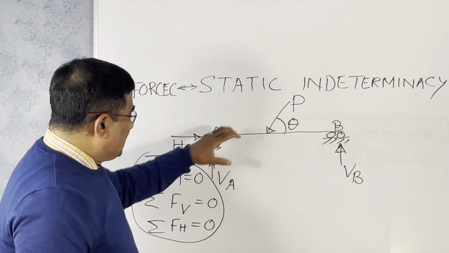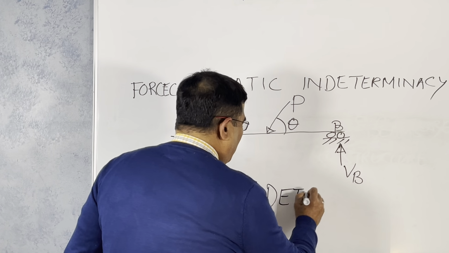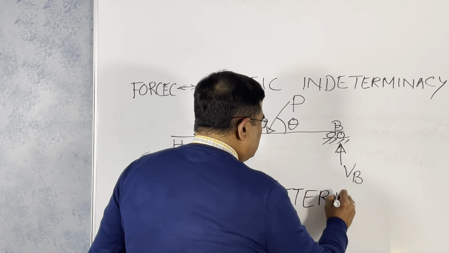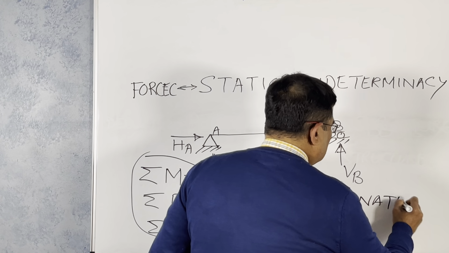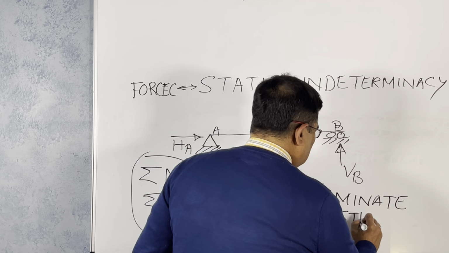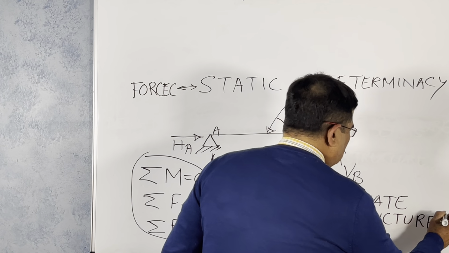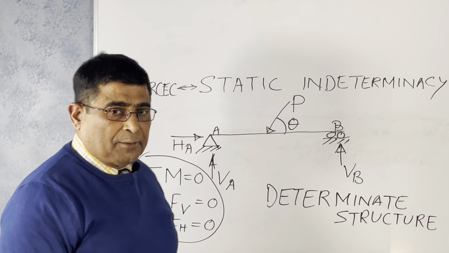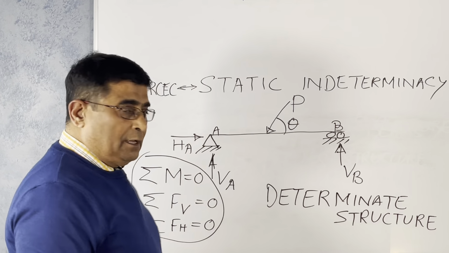So this type of structure is a determinate structure, where you have only three unknowns.